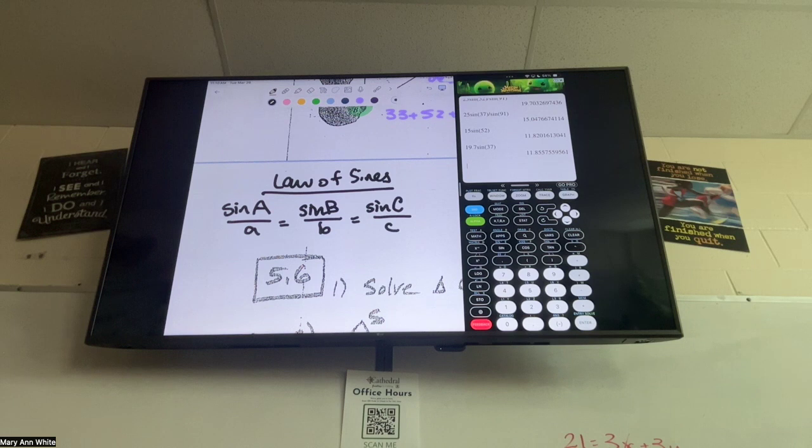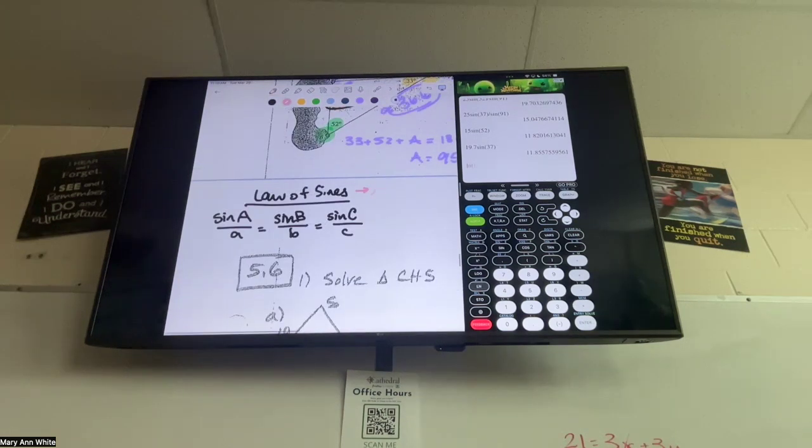But for law of sines, we can do SSA. That's our ambiguous case, but we could do that with our law of sines. What else could be given to you, and we know that we're doing law of sines? Two angles and a side. Okay.